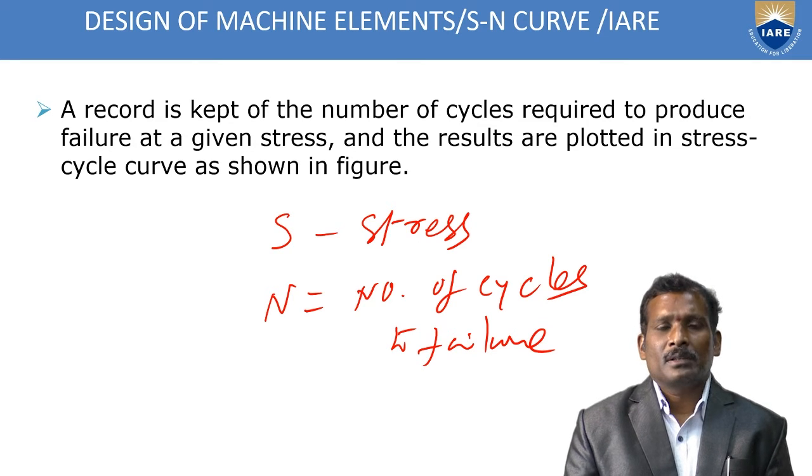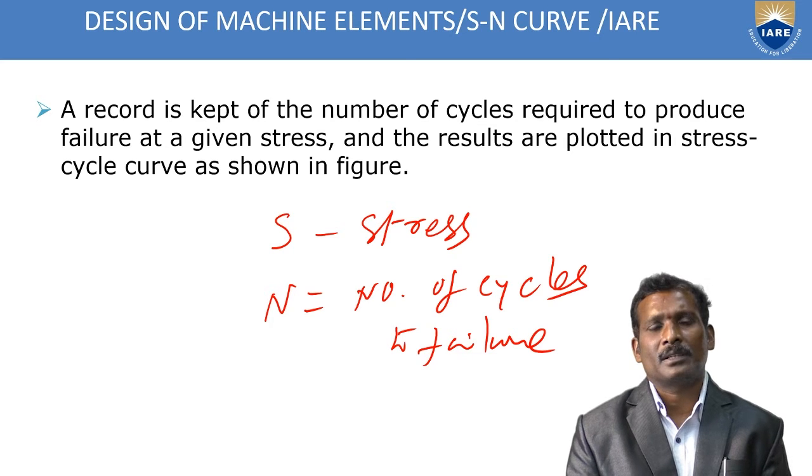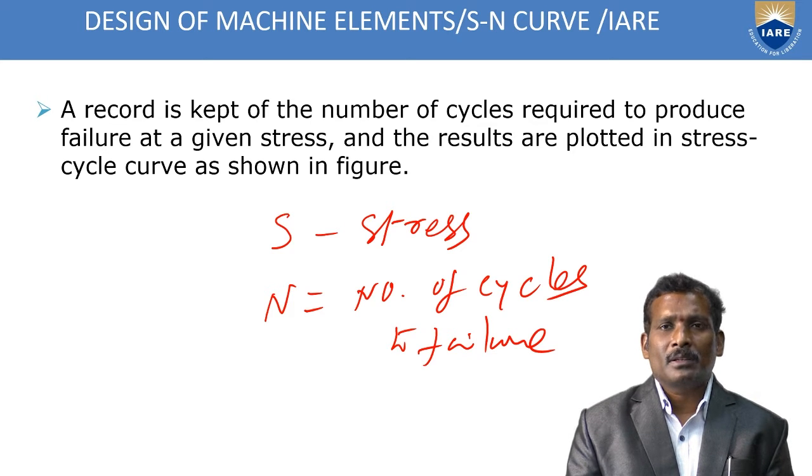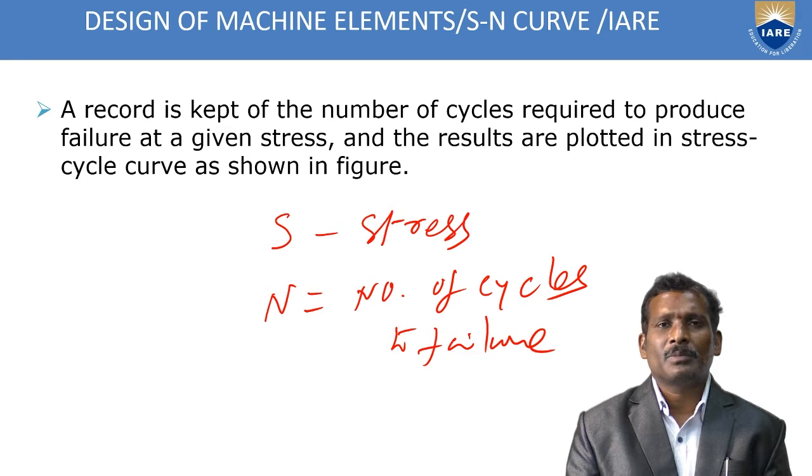Why? Because the stress value is lower than the yield stress. At the point where the stress value is lower than the yield point stress, the component definitely fails. That indicates the maximum limit of that particular component or material. Clear? That is the endurance limit or fatigue strength of the material.